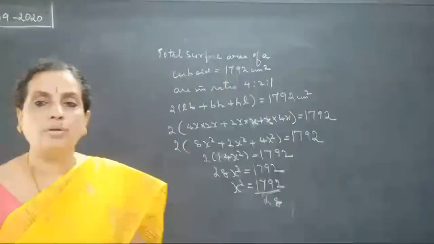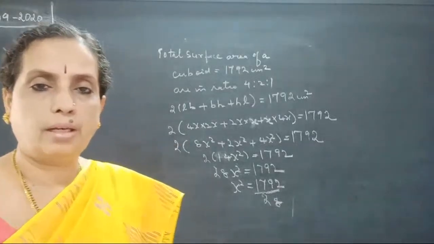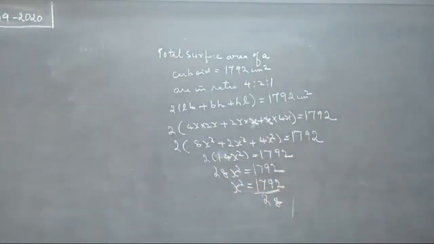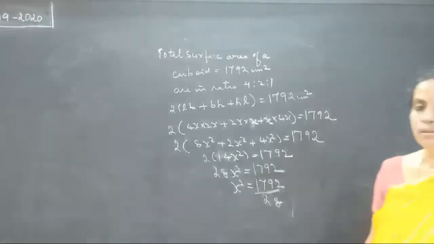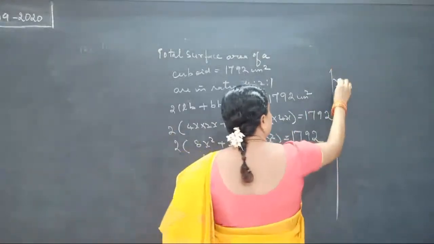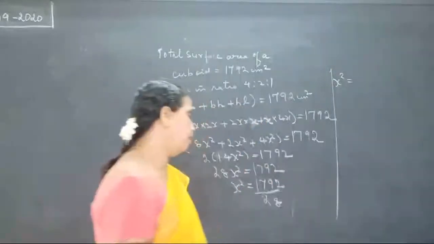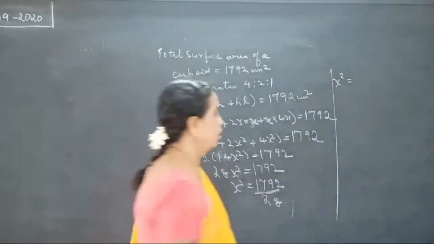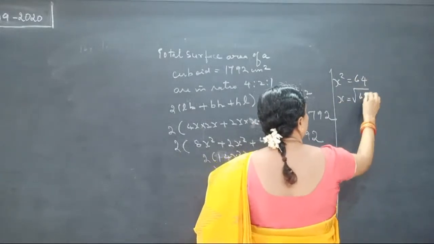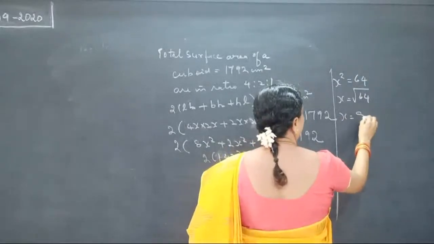Now dividing 1792 by 28, what will we get? x square equals 64. x equals root of 64, so x equals 8.